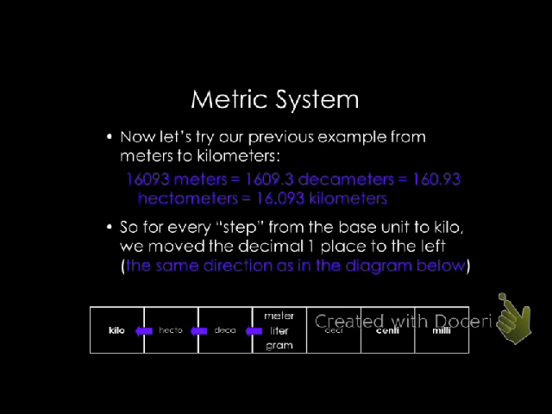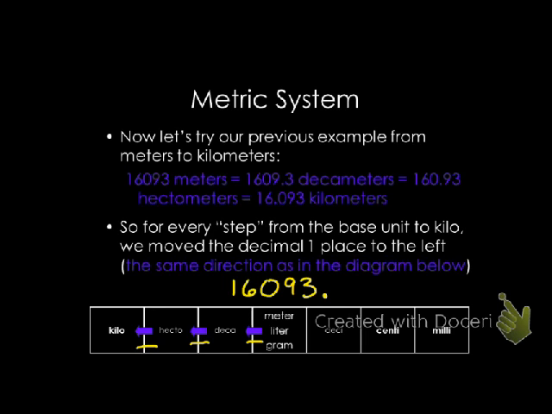We're starting out at 16,093. Now that's a whole number. The decimal point in any whole number is given to the right each time. If we are to move from meters, which is the base unit, to kilometers, it would take 3 steps: 1, 2, 3.